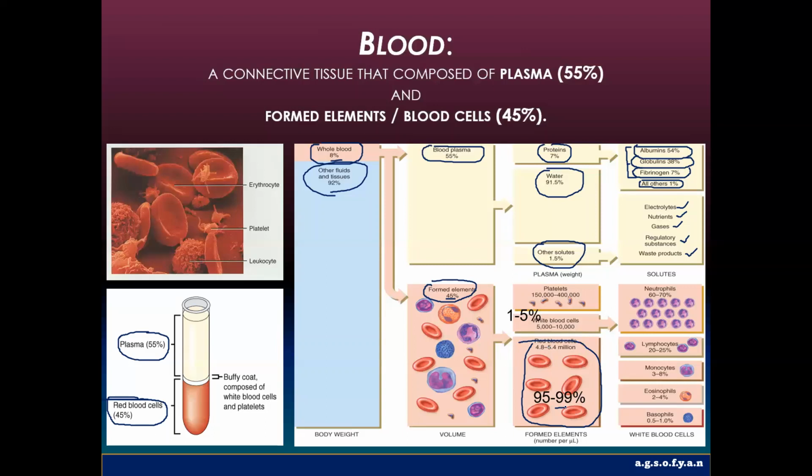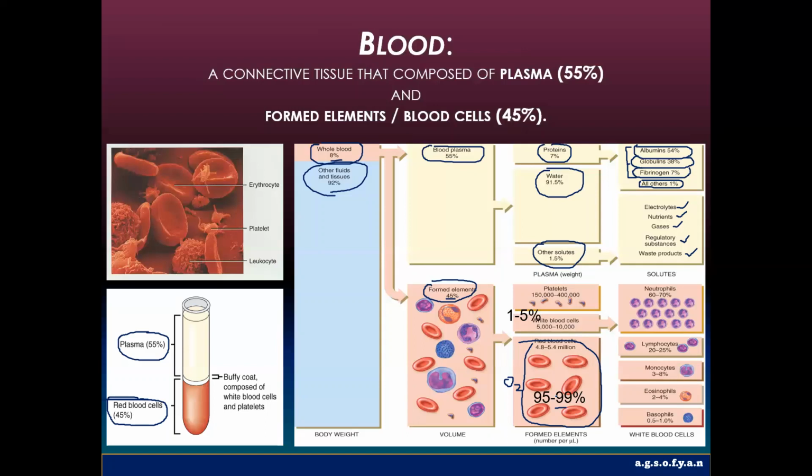So the majority of cells in the blood are red blood cells. The main function of red blood cells is to carry oxygen. So red blood cells are used for transportation of oxygen. They have a red color because they have hemoglobin that carries the oxygen. The more oxygen they carry, the redder the color will be.